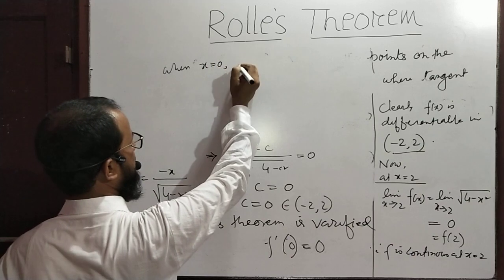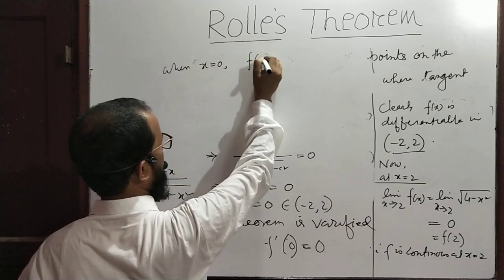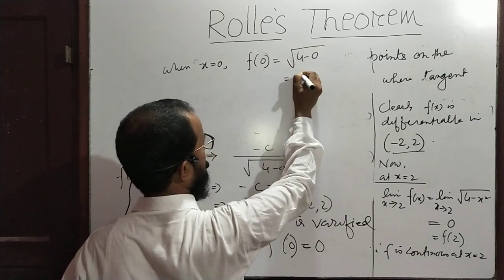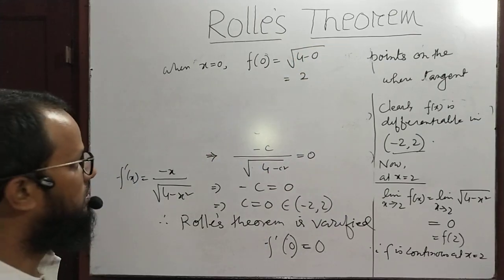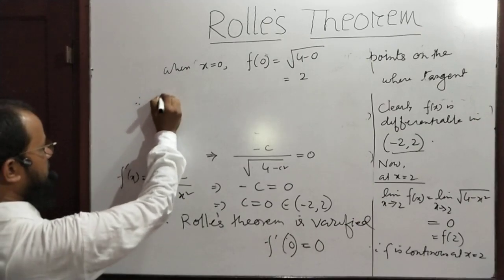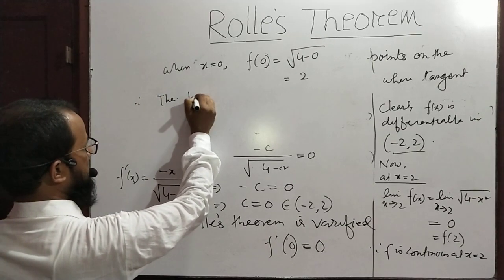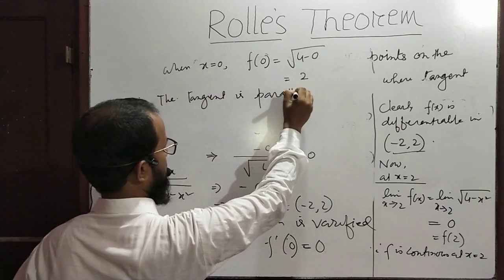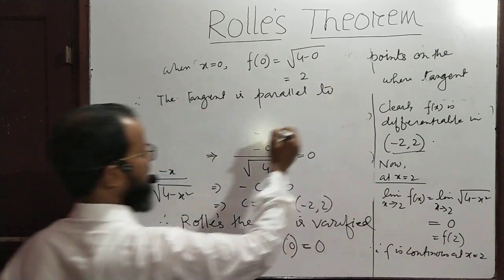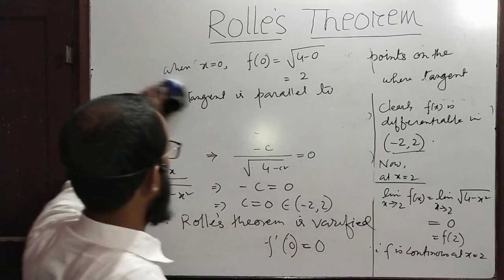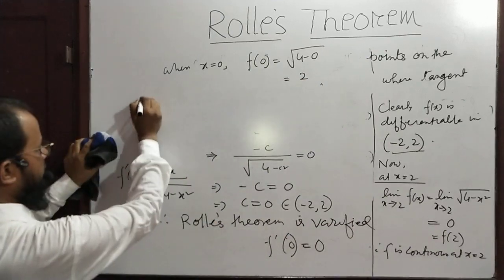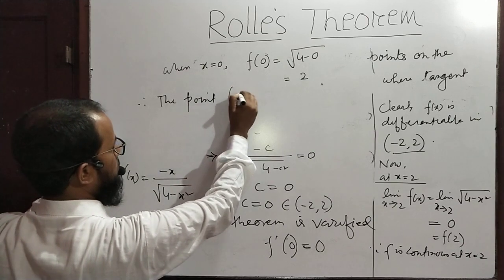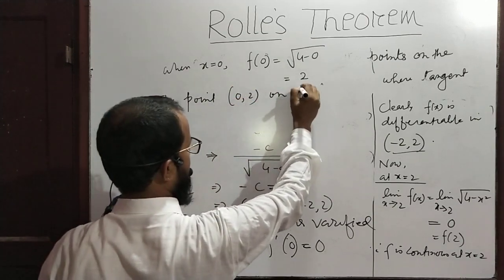Now when x equals 0, f of 0 equals root over 4 minus 0, which equals 2. Understood? So finally, the tangent is parallel to the x-axis at the point (0, 2) on the curve.